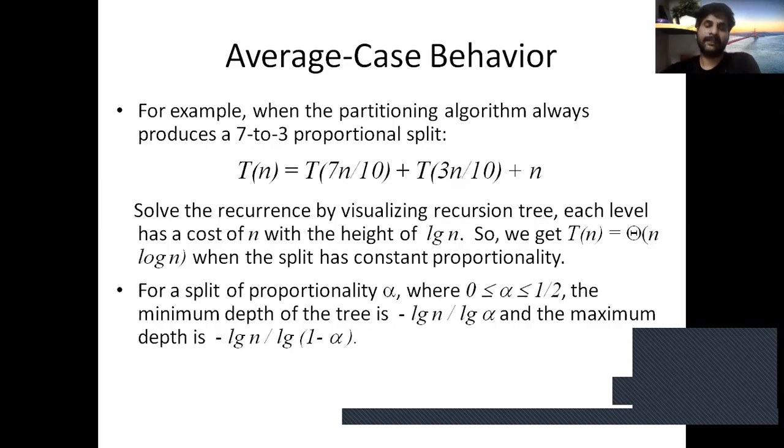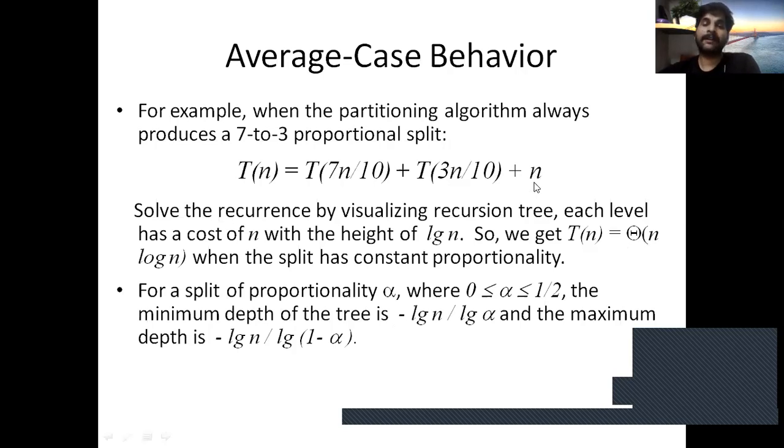And the average case. If the array is divided at random, suppose the elements are divided into 7n by 10 and 3n by 10. Now we calculate the time complexity of this recurrence using the recursion tree method.